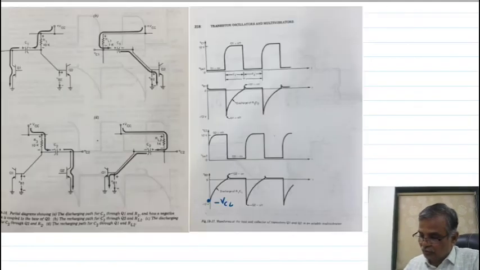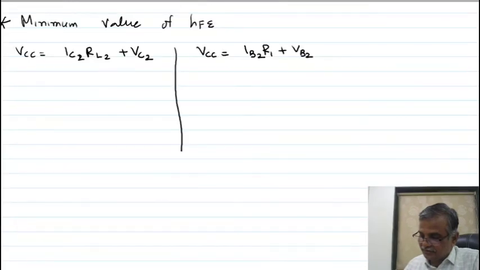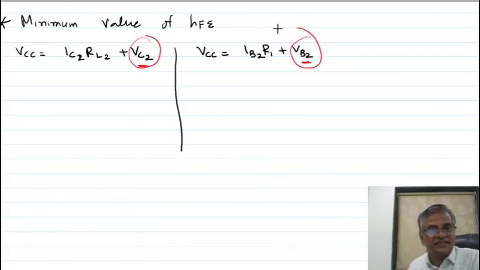This transistor is conducting, so this voltage is very, very small, of the order of 0.5 volts. Compared to VCC, this can be neglected. Transistor is on, the collector voltage is very small, so it can be neglected.